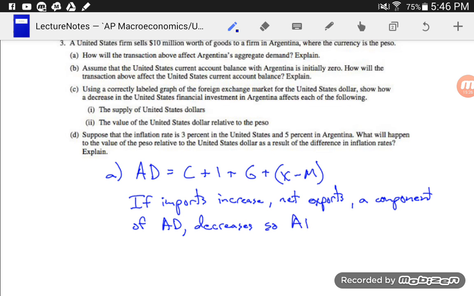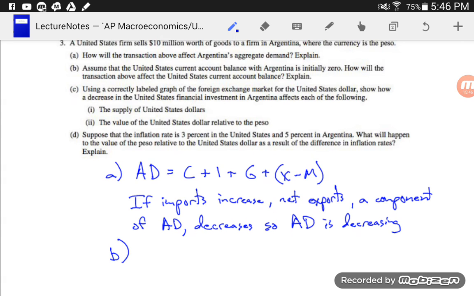So aggregate demand is decreasing. Right, as we're buying stuff from the US instead of stuff that's produced in Argentina, we're decreasing the total demand of goods produced in Argentina because we bought them from the U.S.